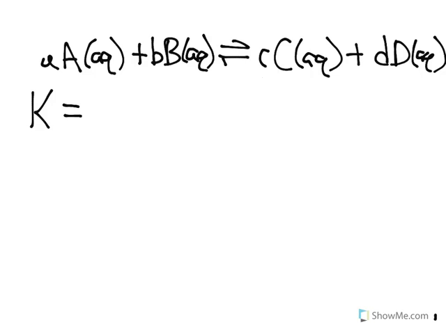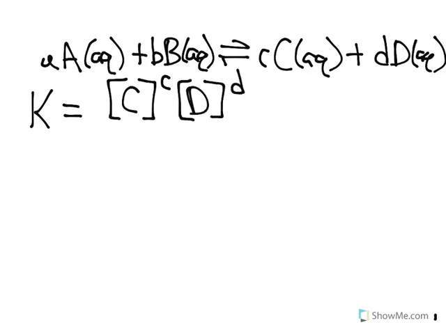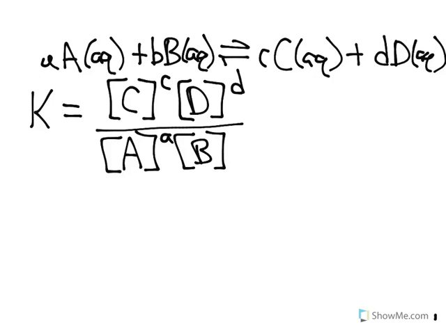So what ends up happening is this number for K is derived as the concentration of C raised to its coefficient times the concentration of D raised to its coefficient, over the concentration of A raised to its coefficient times the concentration of B raised to its coefficient. And just for clarity, these are being multiplied, although you do not have to include the multiplication sign.